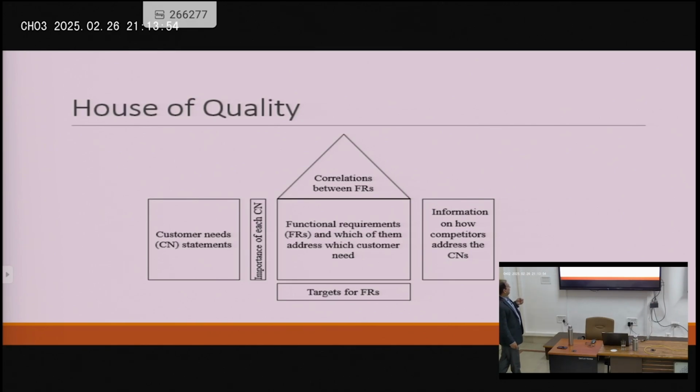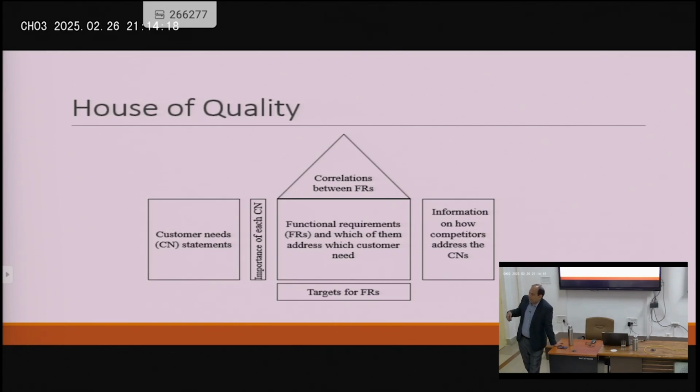So on the left-hand side, you have customer needs statements, just rows of customer needs statements. And then you have a column where you talk about importance of each customer need. I don't find it terribly useful at this stage because these are subjective measurements, right? They say everything is important or nothing is important, or they might arbitrarily make one thing more important than others.